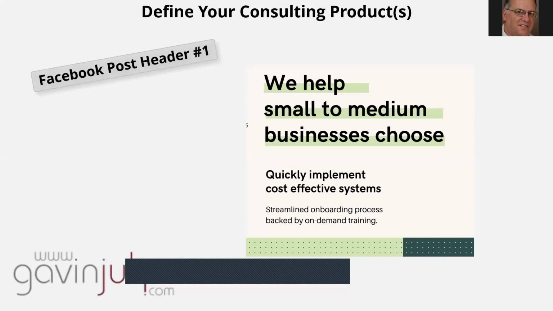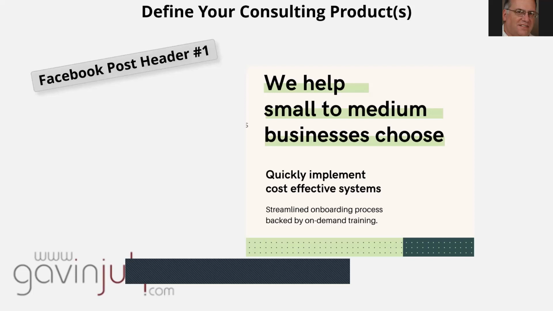So there we go. We help small to medium businesses choose, quickly implement cost-effective systems, and a streamlined onboarding process backed by on-demand training. You can see I've left out the ands and the ors and all that sort of stuff. But what I've created here is an advert that fits in 3 social media places.